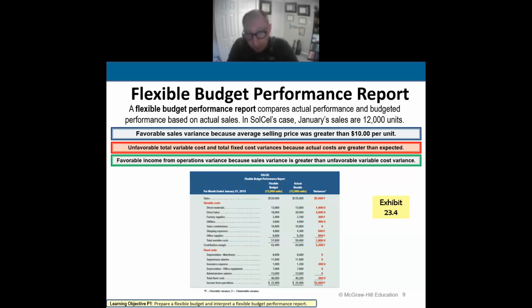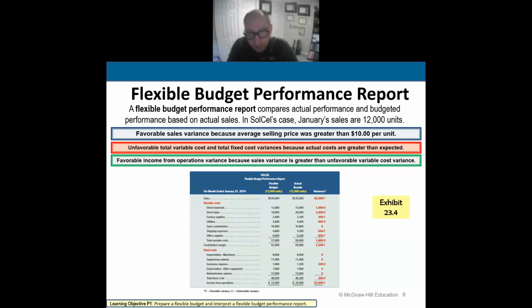Our total variance is favorable, 3,000. How do we find 3,000? Your sales minus your total variable cost, minus your total fixed cost, will get you your total variance, income from operations, 3,000.